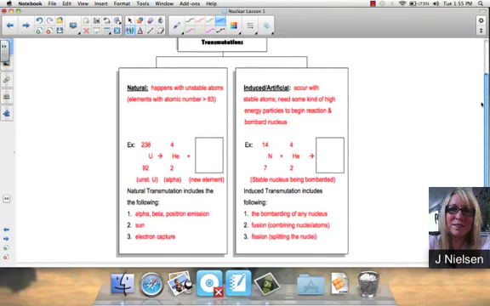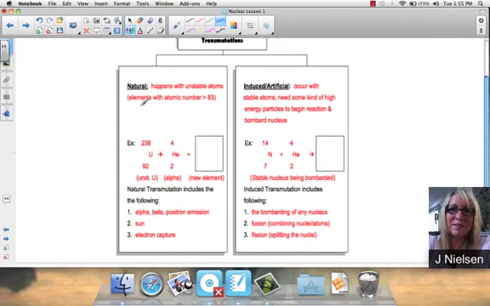So let's look at natural transmutation. This happens with unstable atoms, elements with atomic numbers greater than 83. So we want to use Table N when we're writing decay equations. Use Table N for decay equations.